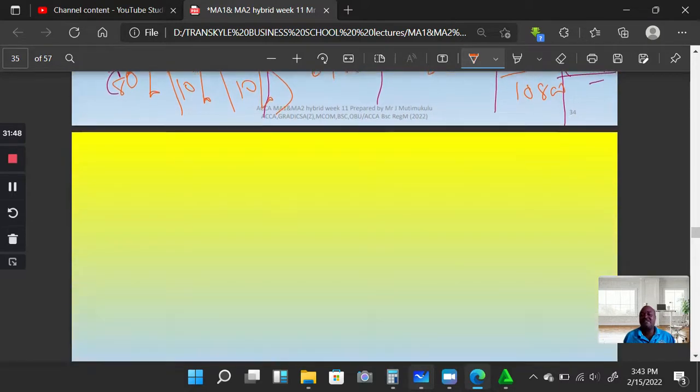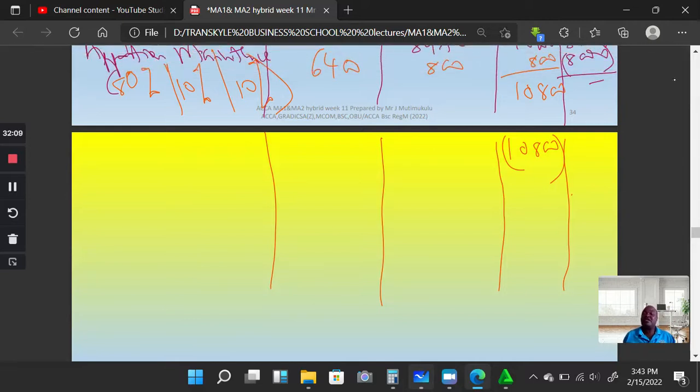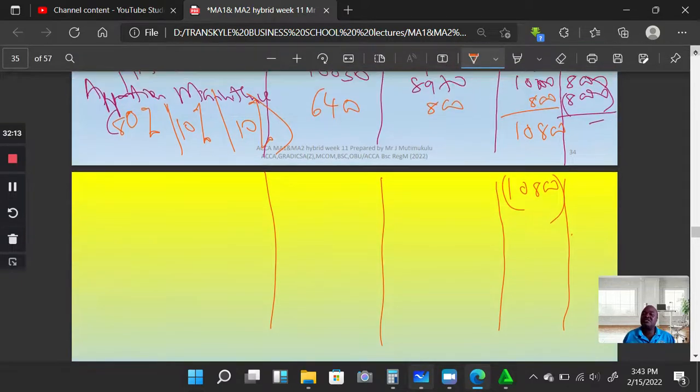So we're going to deduct the 10,800 because it is to be reapportioned to the production cost centers, but it is not going to be reapportioned to the maintenance service center because we have already reapportioned its overhead. So no more again.